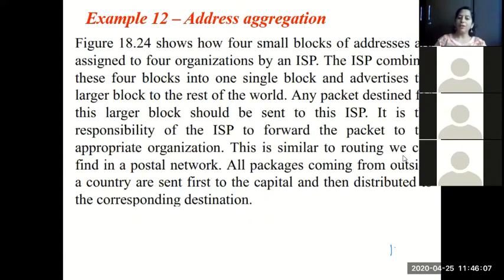So 64 is the nearest power of 2. So 64 is 2 to the power of 6, right? So what would be the prefix length? 32 minus 6, how much is 32 minus 6? It is 26. So for the last set of unused addresses, the prefix length is 26 bits.